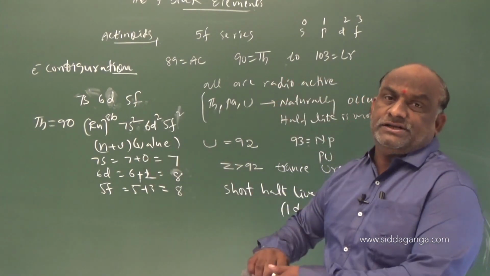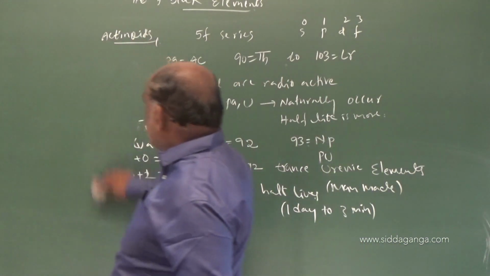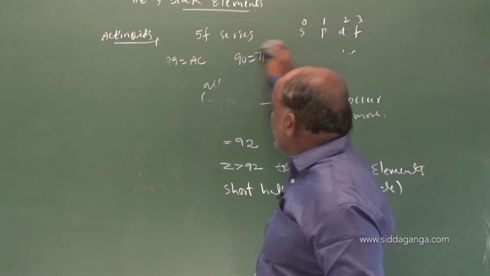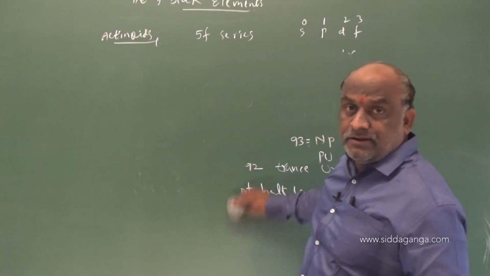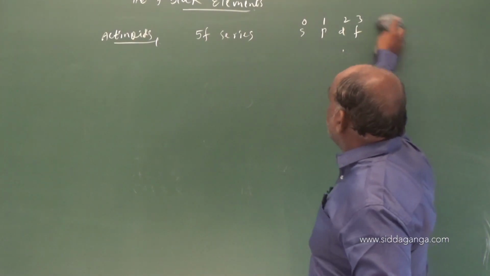due to the existence of a greater number of oxidation states. All actinides, and thorium also belongs to the actinides, but thorium does not contain any f electron. Thorium does not contain any f electron.